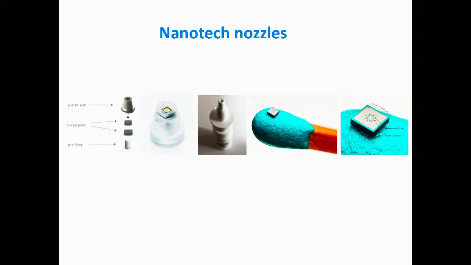Because we have what we call nanotech nozzles. Yeah, and so the nanotech nozzles are made from a tiny little piece of silicon wafer with a hole in it, and over that hole one can put a silicon nitride membrane, and now one can use all the tools of semiconductor manufacturing, nanolithography, to make very precise holes of a very well-defined size into this membrane, right?